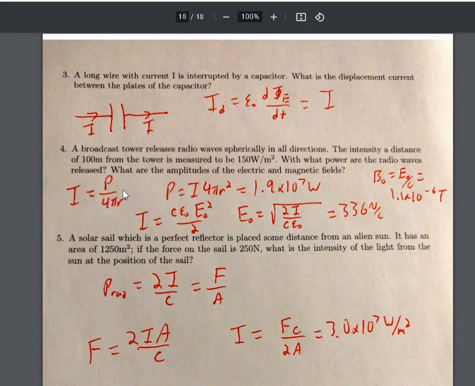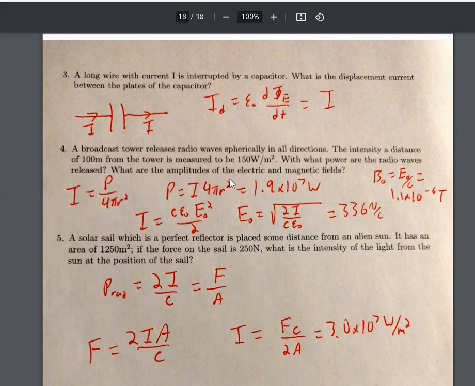The area of a sphere is 4 pi r squared. So our intensity is our power divided by 4 pi r squared. We were asked for the power, so that is our intensity times 4 pi r squared. R here is 100 meters. Our intensity is 150 watts per meter squared. And so that gives us a power of 1.9 times 10 to the 7 watts.